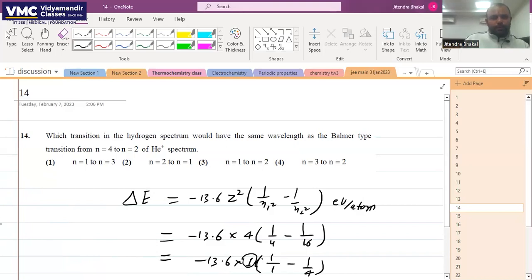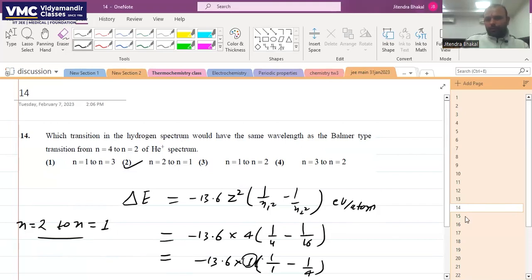So for the transition from n equals 2 to n equals 1, we will get the same wavelength. So option 2 is the answer here.